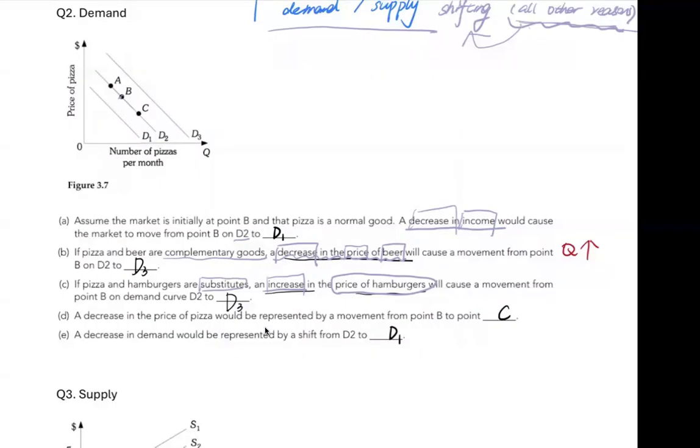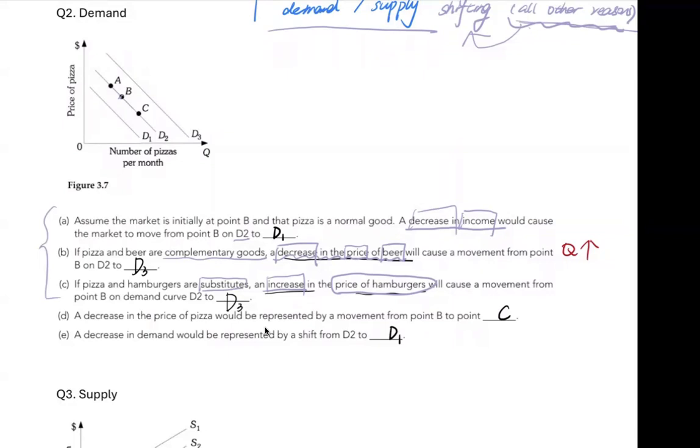Because you are indifferent between pizza and hamburger. So at the same price of pizza, you want more. It will cause the shift from D2 to D3. And A, B, C are all about the demand change, all about the shifting.